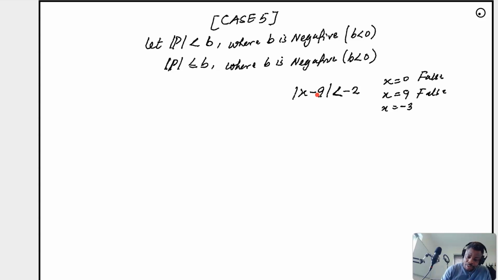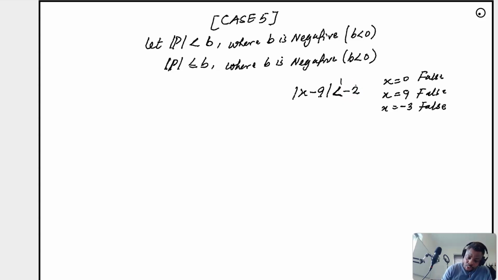The modulus of minus 12 is 12, and 12 is not less than minus 2. That is false. So every value of x that you use will make this inequality false.